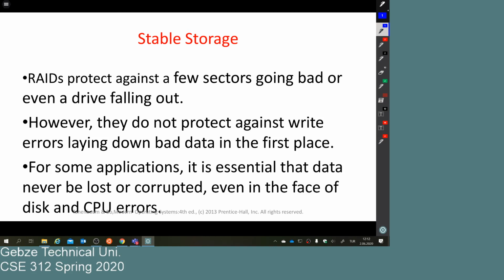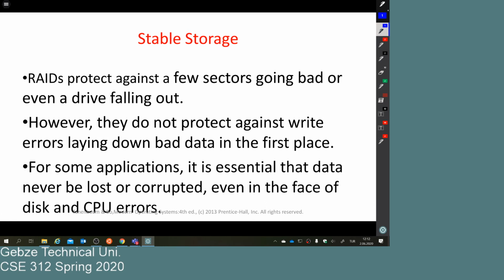Let's say I am writing some data to my disk, and while I am writing the data, the disk has crashed, or the system has crashed. So I wrote half of my data to the disk, half of it is not written, so my disk will be in an inconsistent state.